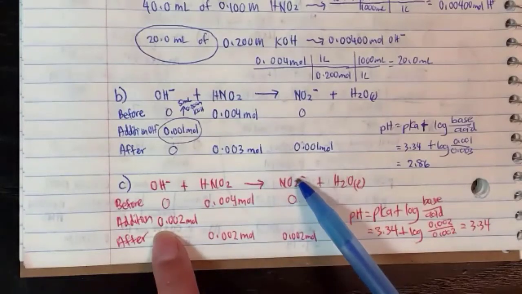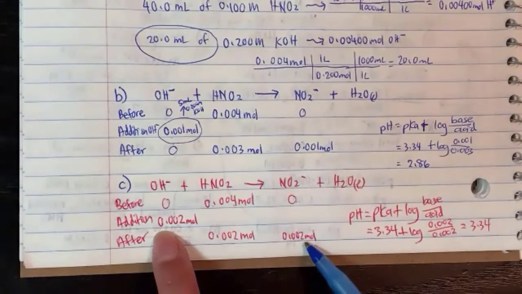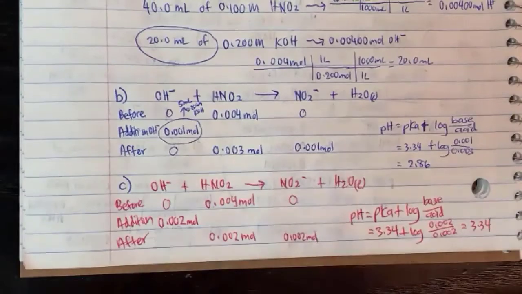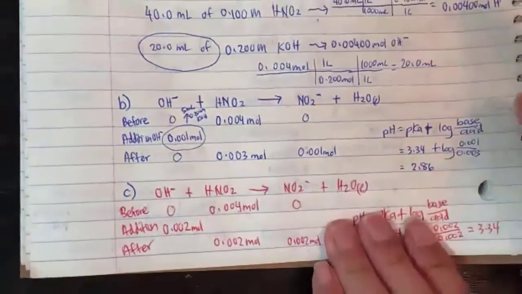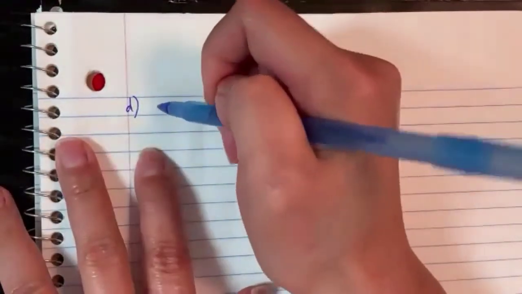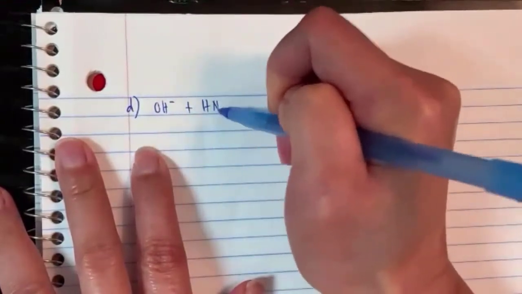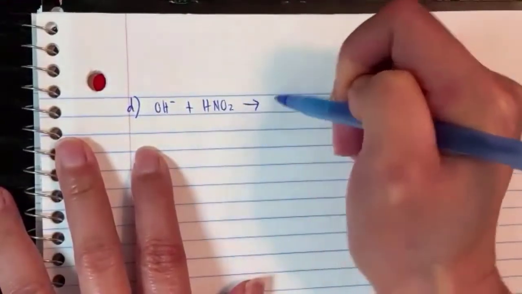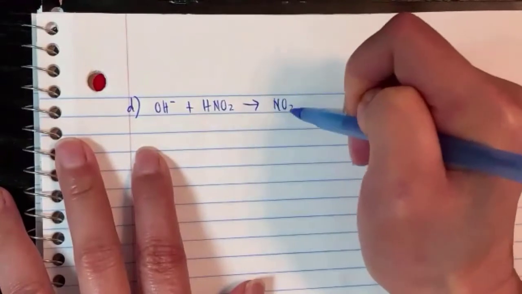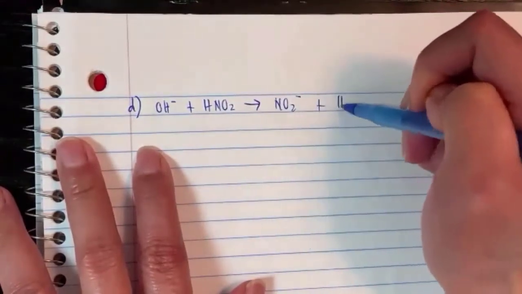And then you'll end up with 0.004 of the conjugate base. Okay, so that's the idea there. So let me write that on part D. For part D, the reason why we have to do a weak base calculation is because you keep adding that hydroxide to the weak acid, and you end up making conjugate base and water.